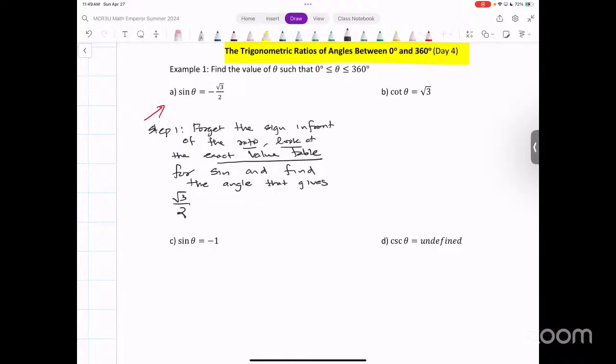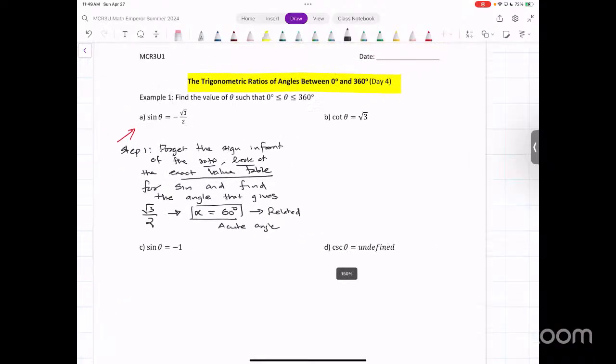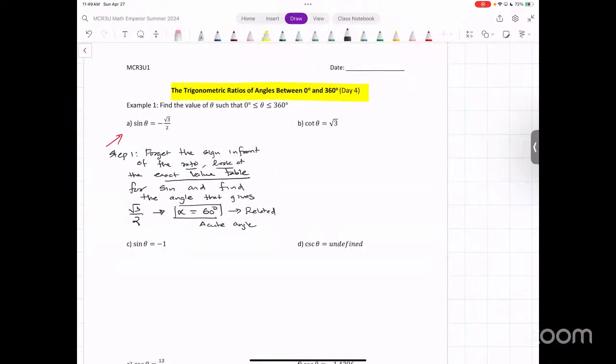Can you look at the table and tell me 60, correct? We're going to let that angle be alpha. This alpha is known as your related acute angle. That's the first step. Simply forget the sign, look at the table, find the angle. You don't need to write the step. I'm just going to keep that for my reference so that you can copy it.